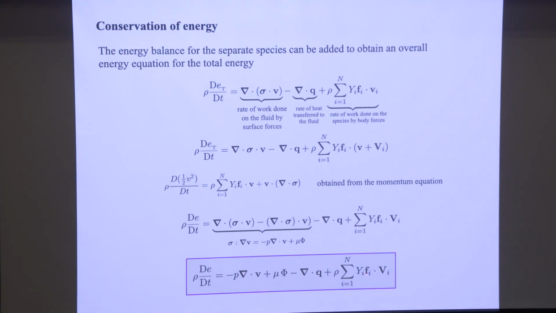Note, by the way, that if Fi are all the same, let's say if it was gravity, then it can be pulled outside. And remember that the sum of Yi Vi is equal to 0. It's one of the constraints, and so that term goes away. Okay?